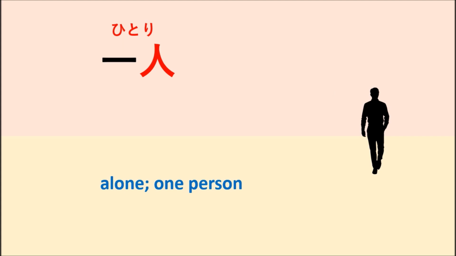So one person, or alone, meaning you alone. But they don't say ichi hito or ichi bito. They say hitori. So you should remember the special reading. Don't say ichi hito. Just say hitori.